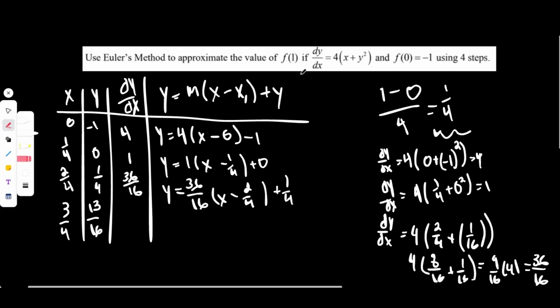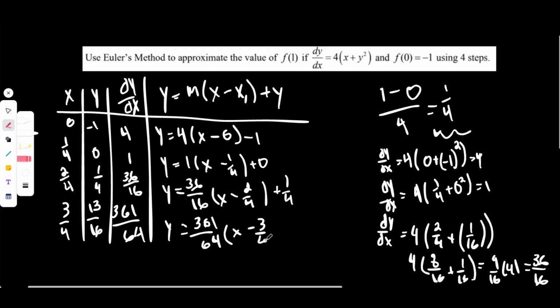Again, I'm going to use a calculator. So 4 times parentheses 3 over 4 plus 13 over 16 squared. And this is going to give me a dy over dx value of 361 over 64.